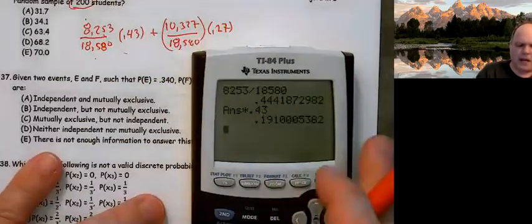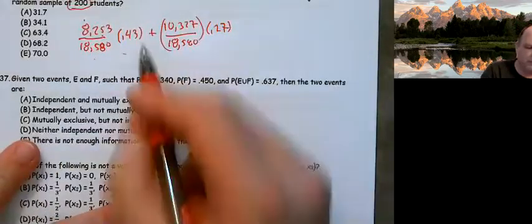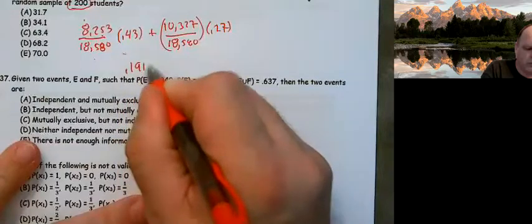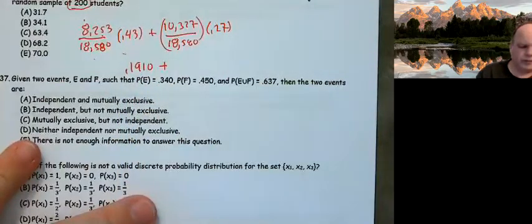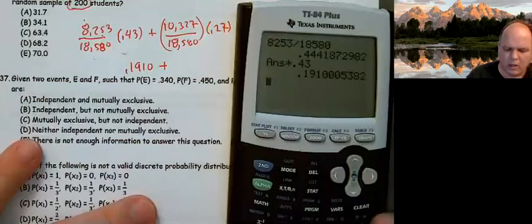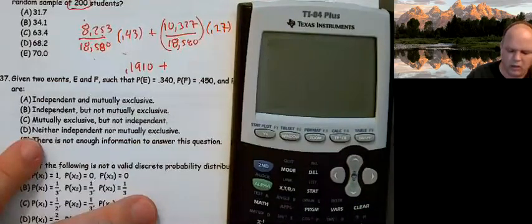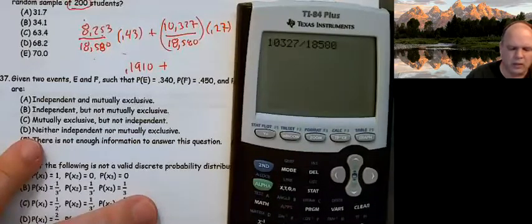So this number is about 0.190. Plus, then we need to do the women, 10,327 divided by 18,580 times 0.27.